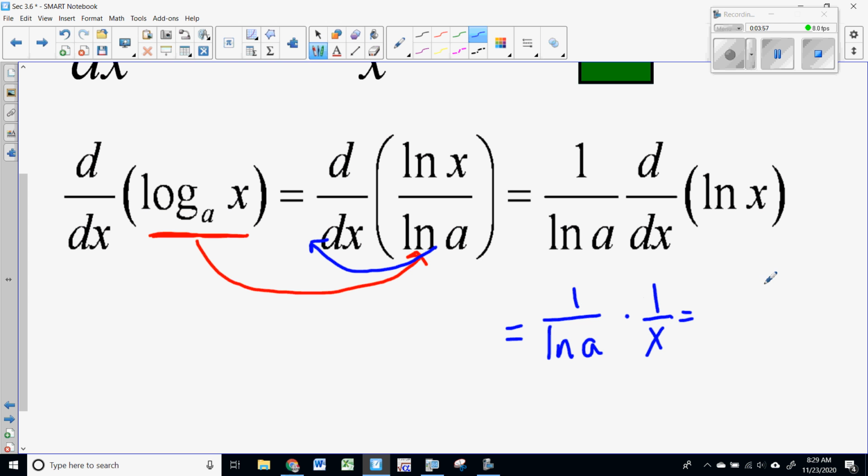And so this is just going to give us 1 over x times the natural log of a. So that's what we have to do anytime we take the derivative of a logarithm other than natural log. Now, because of that, most of what we're going to do is with natural log because we can write it in that form.